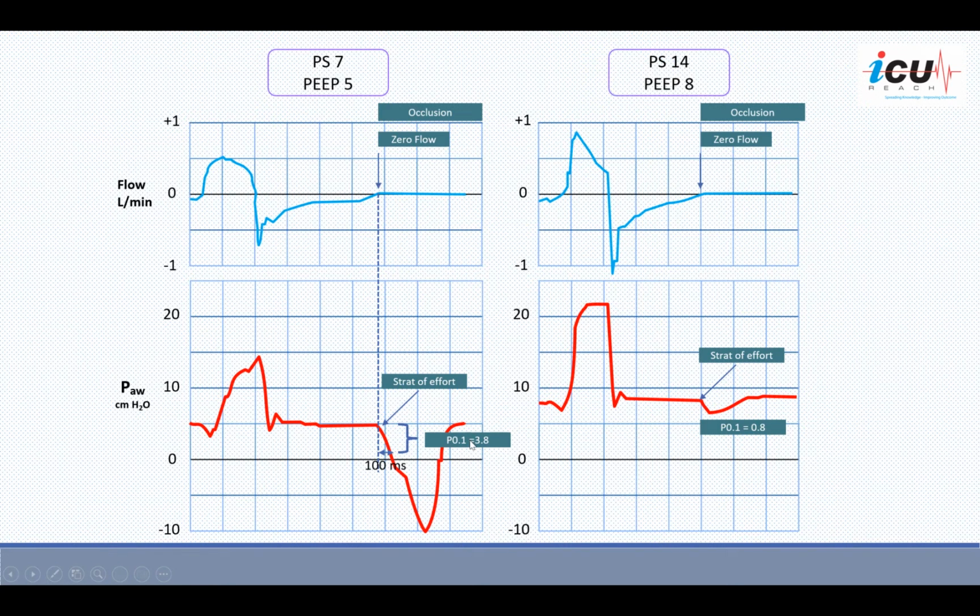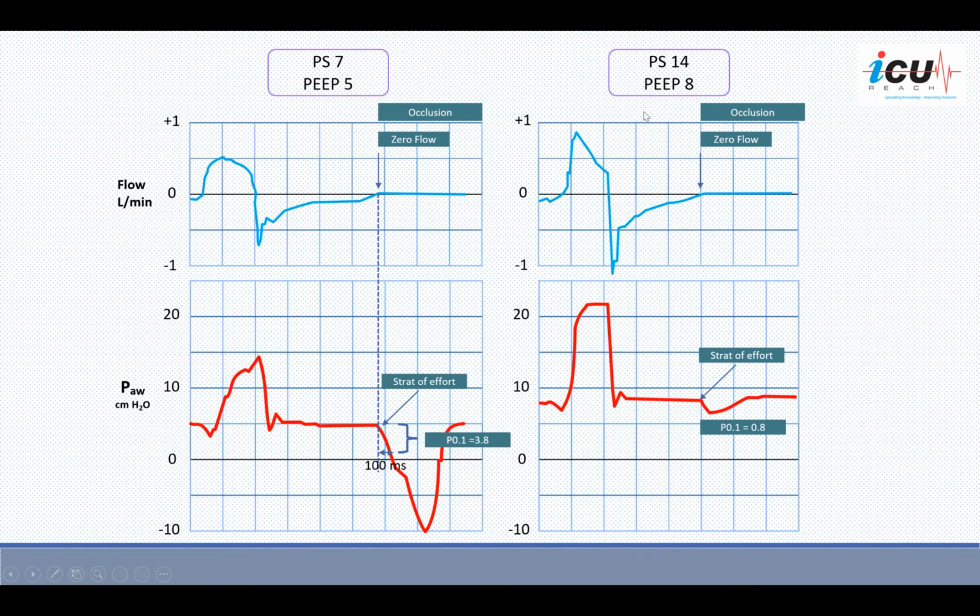Let's compare this with the patient on the right side. You can see that we did the same thing. However, this patient is on pressure support of 14 and PEEP of 8. Start of the effort here, the drop in the pressure in the first 100 milliseconds is only 0.8 centimeter of water. This tells you that this support is too much for the patient.